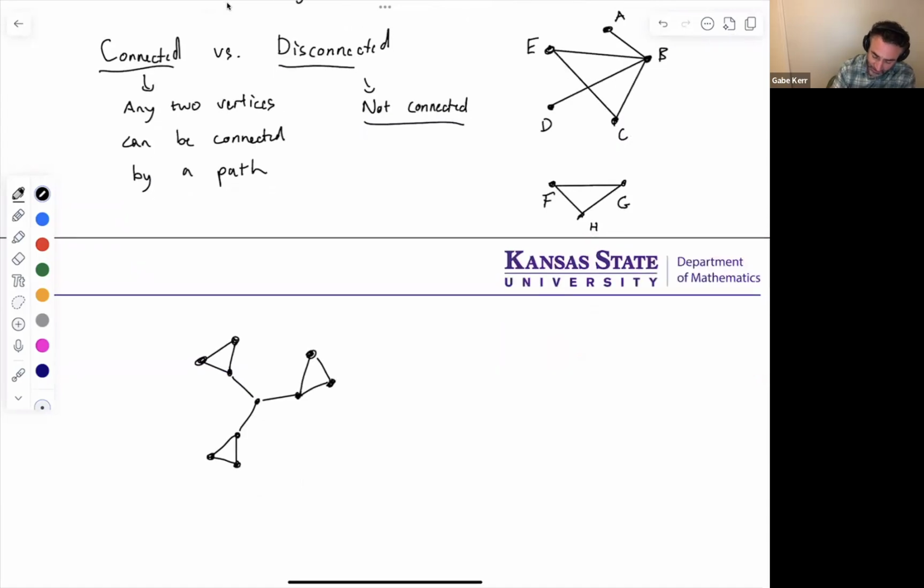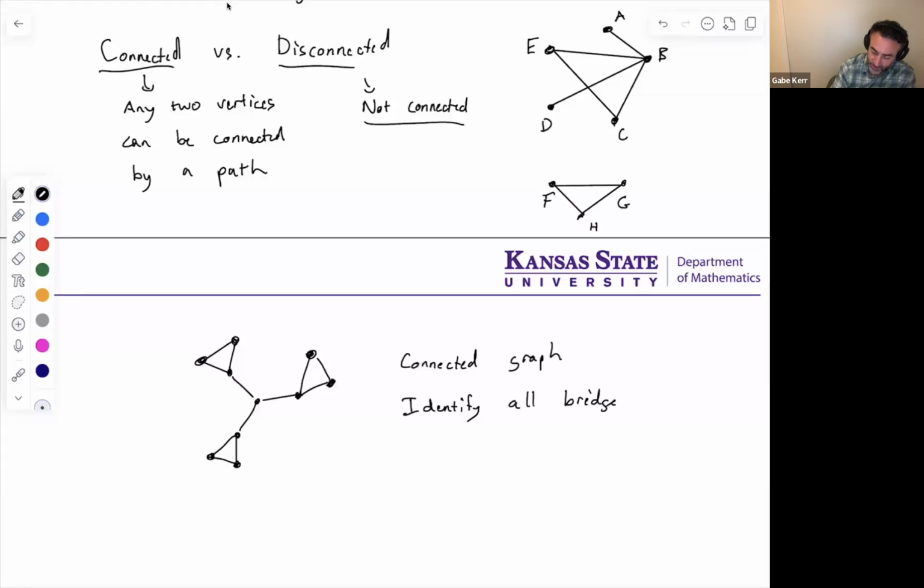And this is a connected graph. Any two vertices, as you can see, you can find some path from one to the other. However, there are some special edges in there called bridges. So let's say I ask you to identify all bridges.